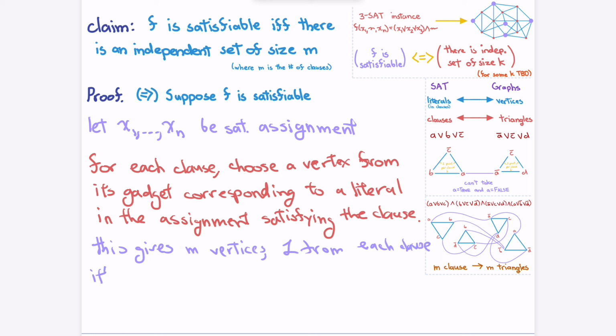And it's independent because of two things. We only have two kinds of edges. One is in between the clauses, so it's one vertex per clause. And then the other kind of edge is between the opposite literals.